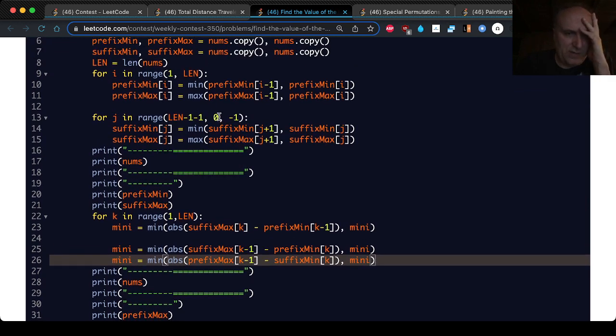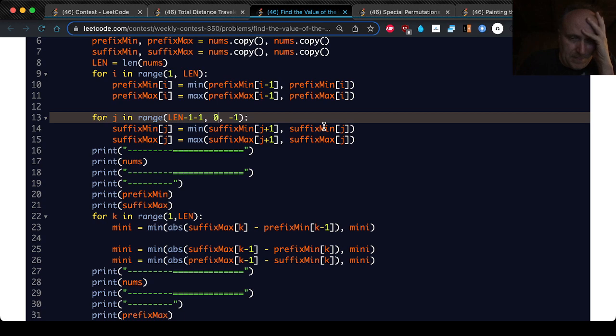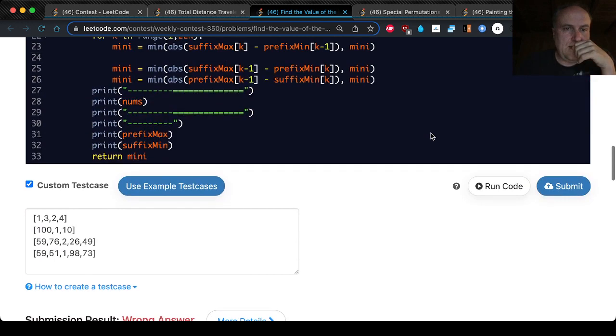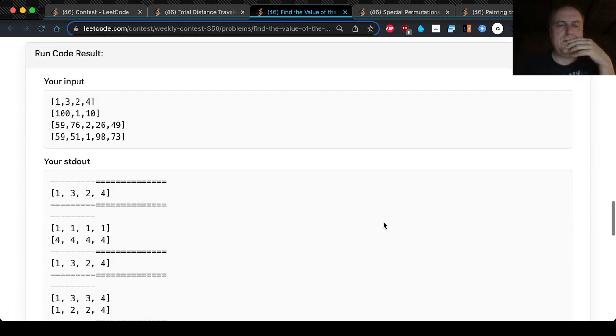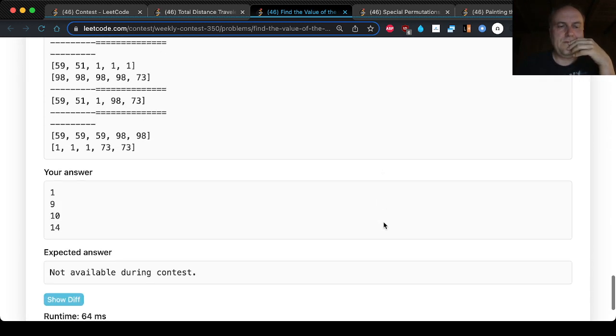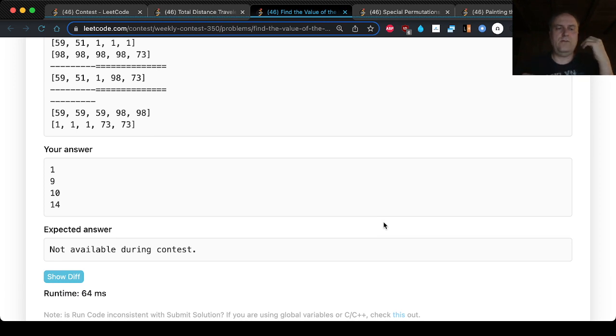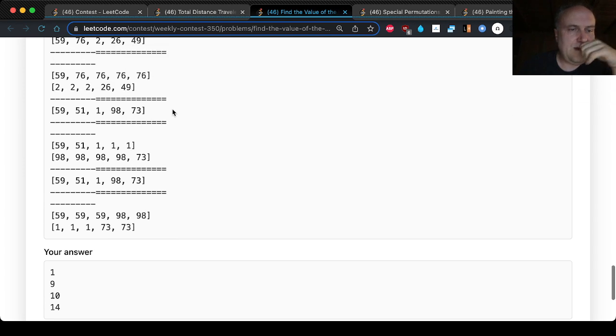I'm still not used to this Python thing, so I need to go -1 here. And then I don't need this one, I don't think. So then 1, oh no, 1, 9, 10, 14. That's incorrect. But let's see. So prefix max, suffix min. Okay, that's correct.